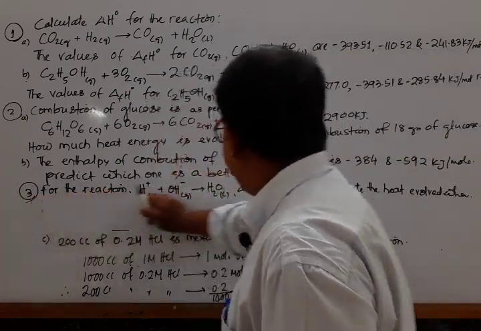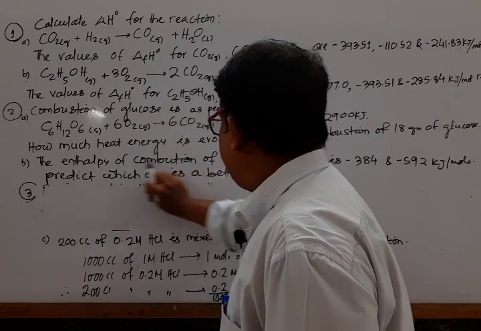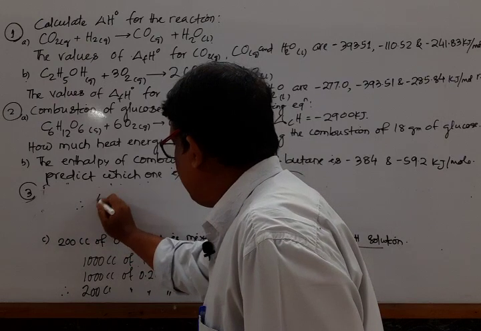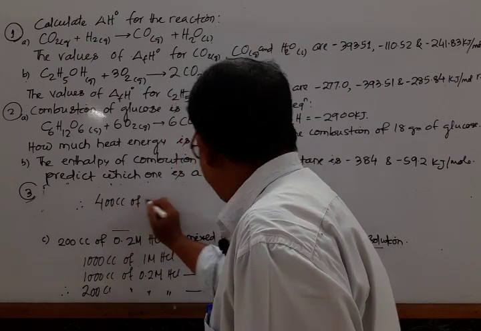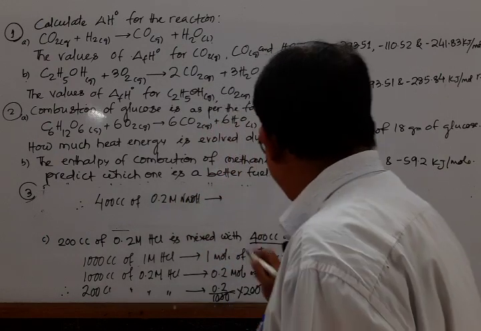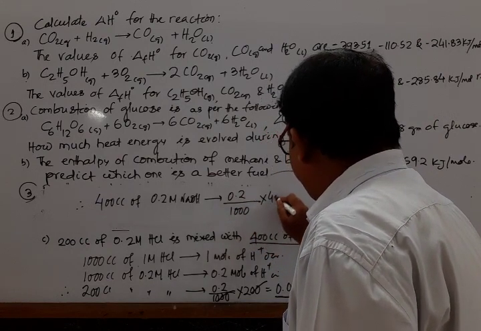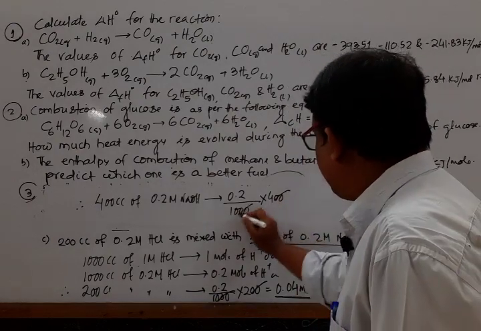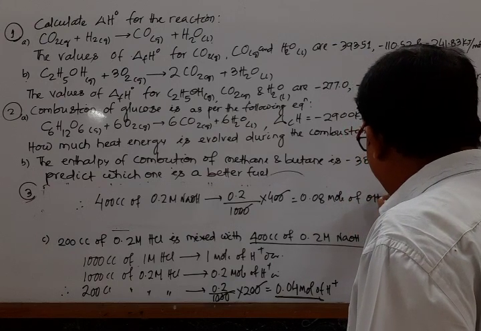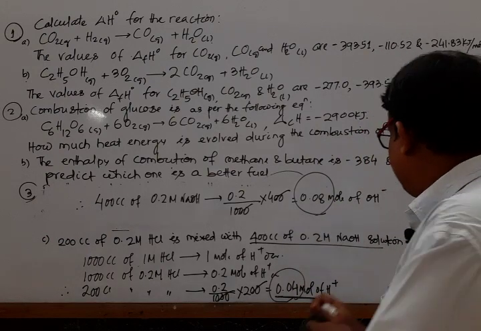Similarly, 400 cc of 0.2 M NaOH produces 0.2 divided by 1000 into 400, equal to 0.08 mole of OH minus ion. Mark that: acid is 0.04 and base is 0.08.